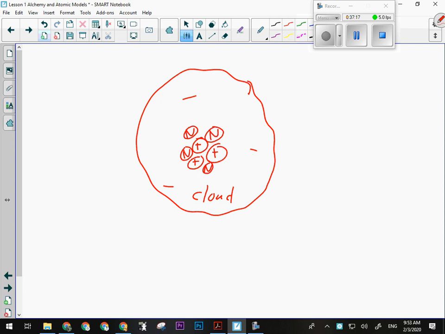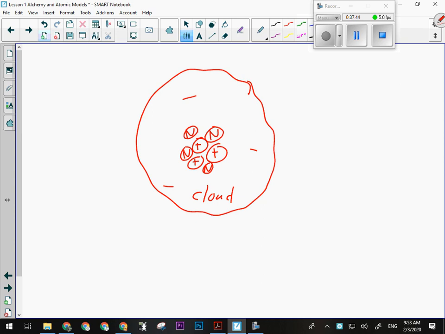That's all you would have to draw. If I asked you to draw a picture of an atom of lithium, I would want to see 3 protons, 4 neutrons in the nucleus, and 3 electrons in the cloud. That shows me you know we currently accept the electron cloud model, that protons and neutrons belong in the nucleus, and that you know how many of each particle there are. That'll be a 5-mark question.